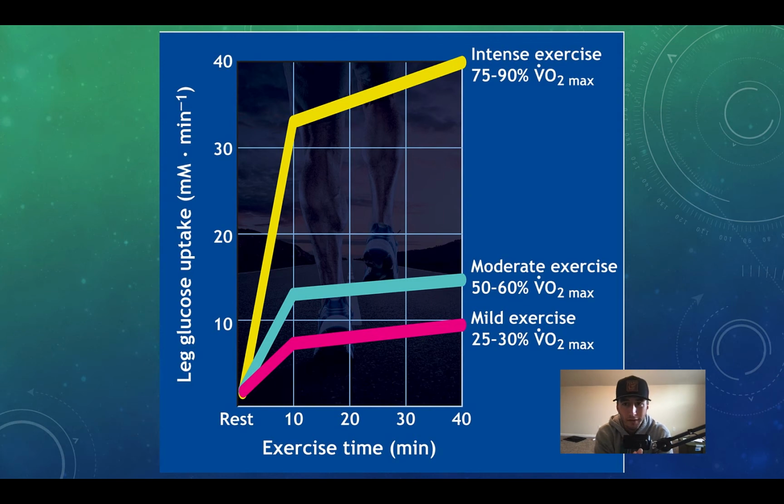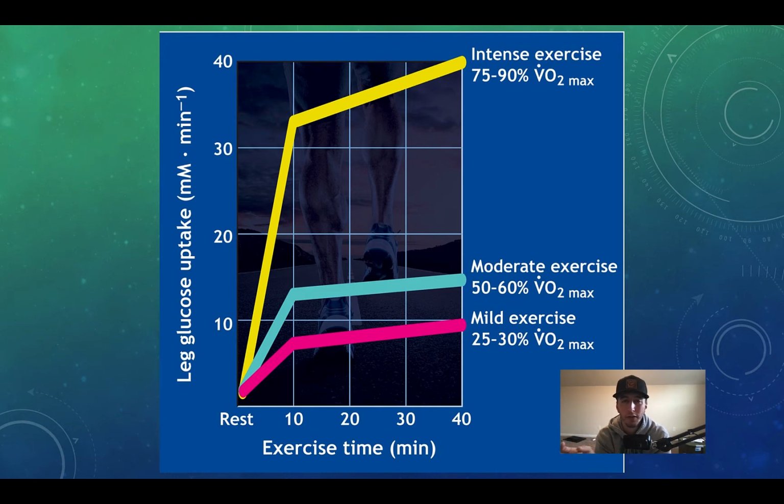What you can see here is that we're significantly increasing the amount of glucose uptake as the intensity of exercise increases. At first, you're kind of like, what? That sounds a little bit weird, right? And this is a really cool procedure.